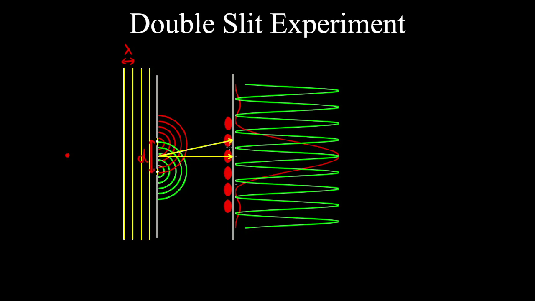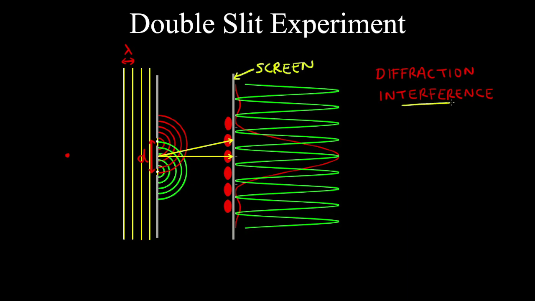And the pattern on the screen is caused by a combination of wave diffraction and interference. Here we'll consider the pattern on the screen due to wave interference only.